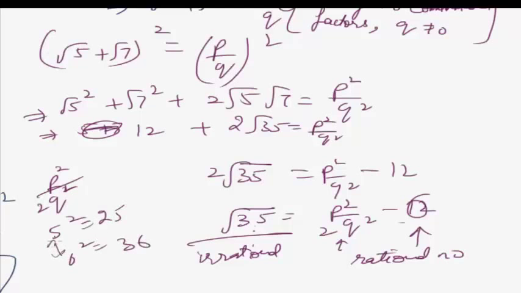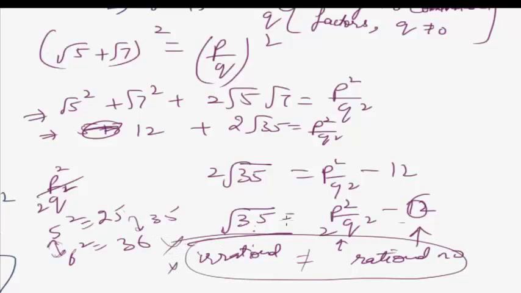In between these two integers, 5 and 6, we don't have any integer, so 35 lies between these two squares, and hence no number whose square is 35, so this under root 35 will not bear an integer. Thus, again a wrong conclusion, that is irrational equal to a rational number.